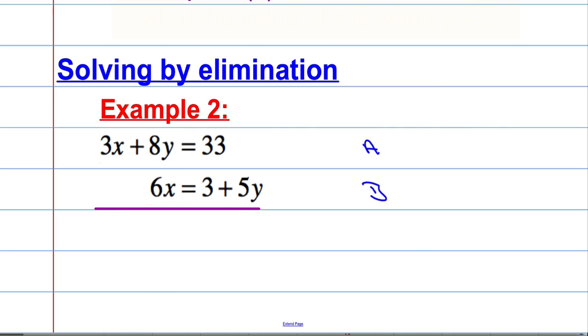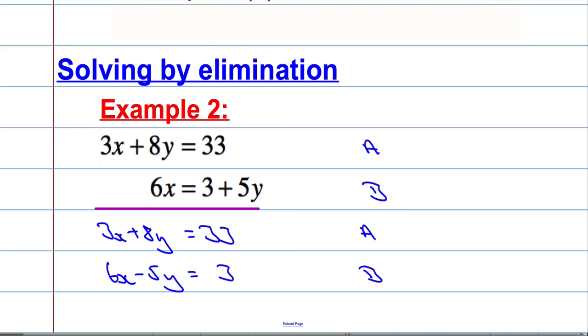Let's draw a line underneath here. Leaving equation A alone, that's still 3x plus 8y equals 33. That's equation A. And equation B, I'm going to subtract 5y from both sides. So we get 6x minus 5y equals 3.